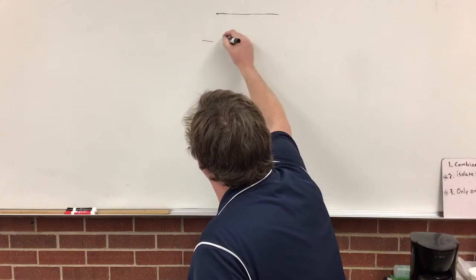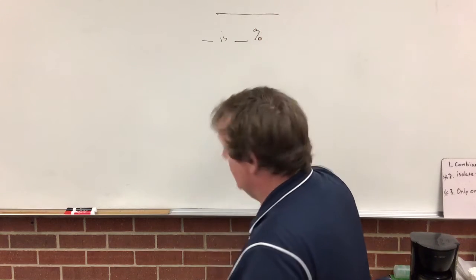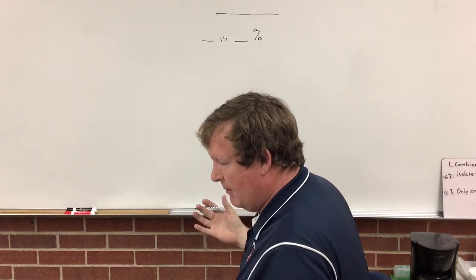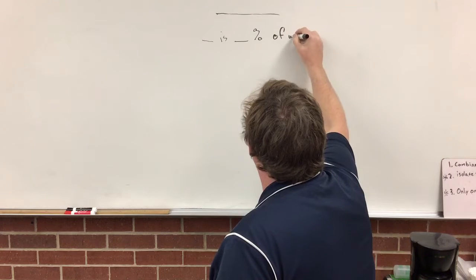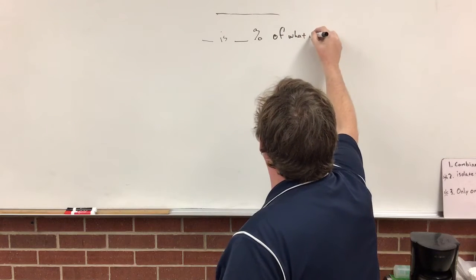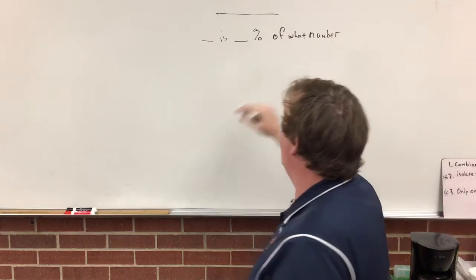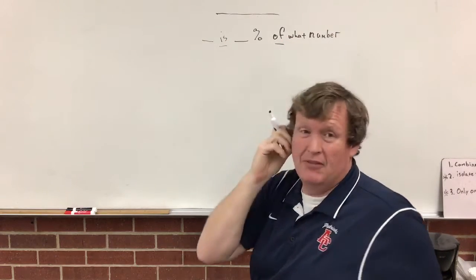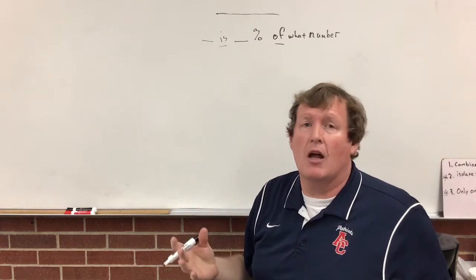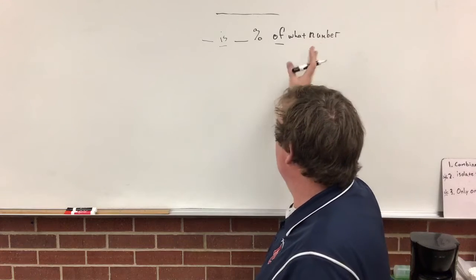They have a number, then they say is, and then they have the percent number, and then they go of what number. Each of these has the word is in it, the word of, and then a couple of numbers. And so we just have to figure out what they're asking for, what part, what number, right?